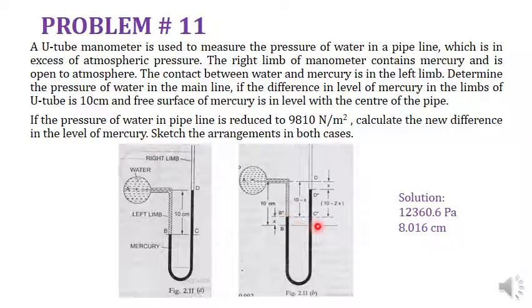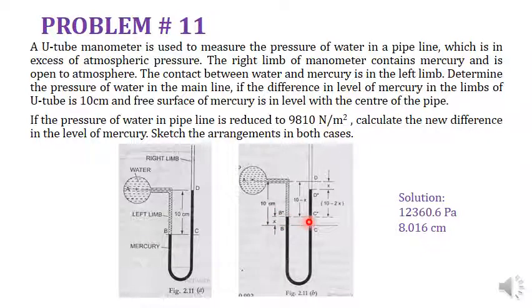Now the difference of the level of the mercury is between the new level of B, the raised one, and the lowered one, D. So this difference, 10 minus 2x, needs to be determined. If 10 is the distance from B to point A, then B has risen from B to B dash equal to x distance.